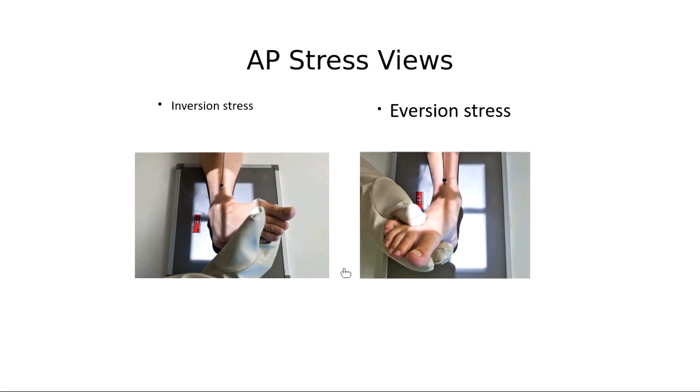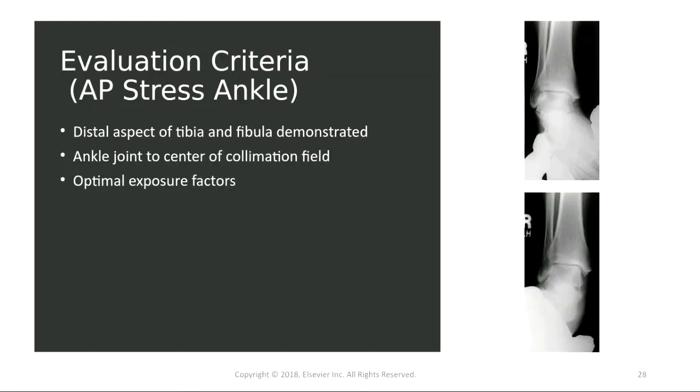All right, so central ray is midway between the malleoli, and these are called AP stress views. You have inversion and eversion. Typically these are done to look for any pathology involving ankle joint separation because of a ligament tear or a ruptured ligament. Again, not comfortable for the patient whatsoever.